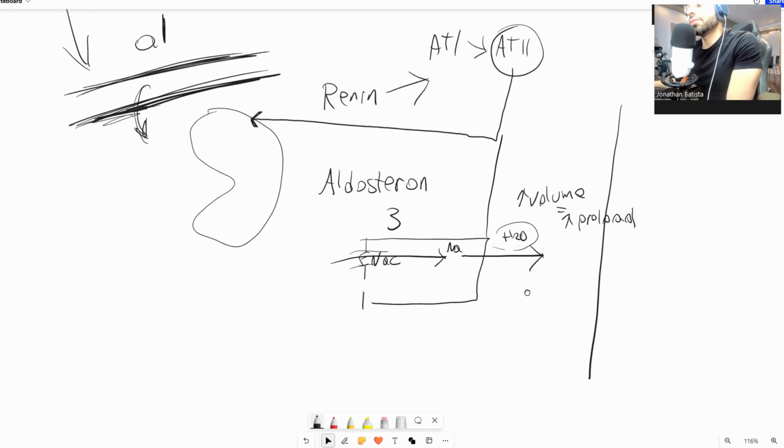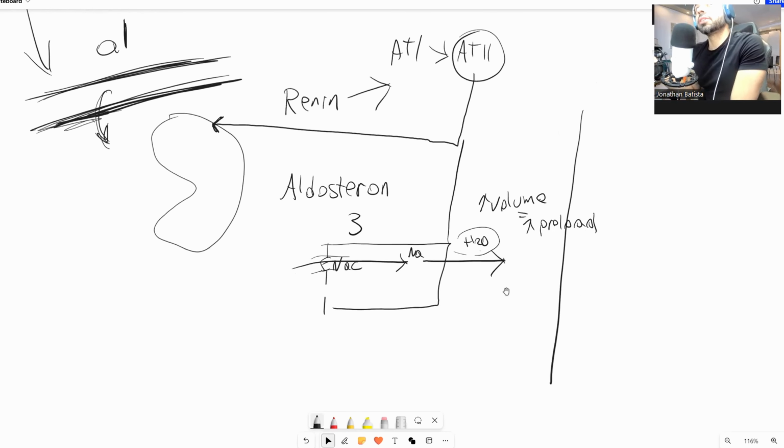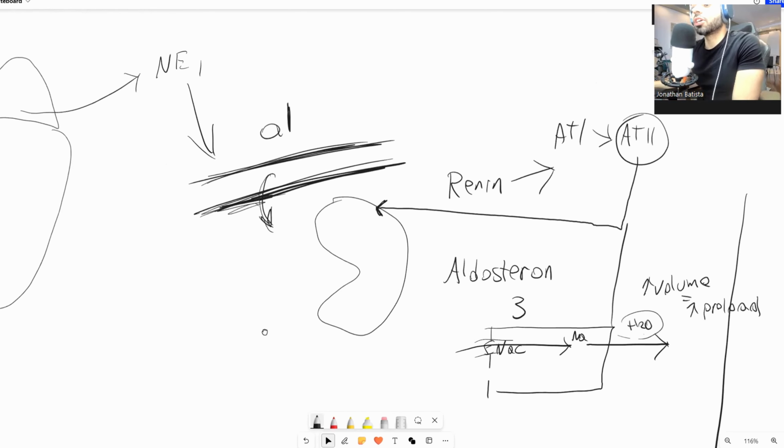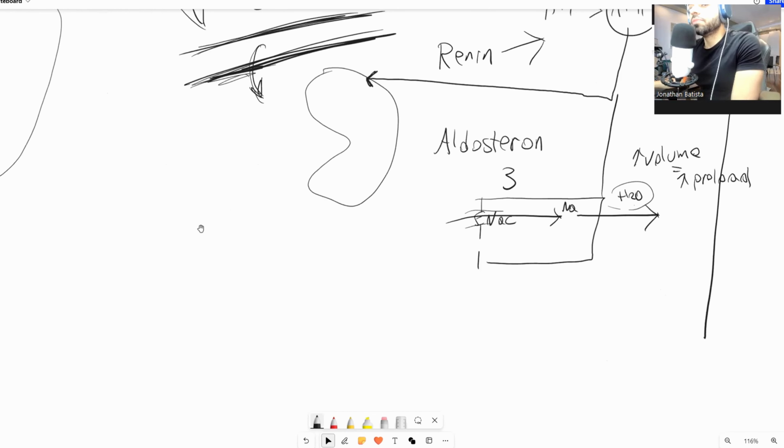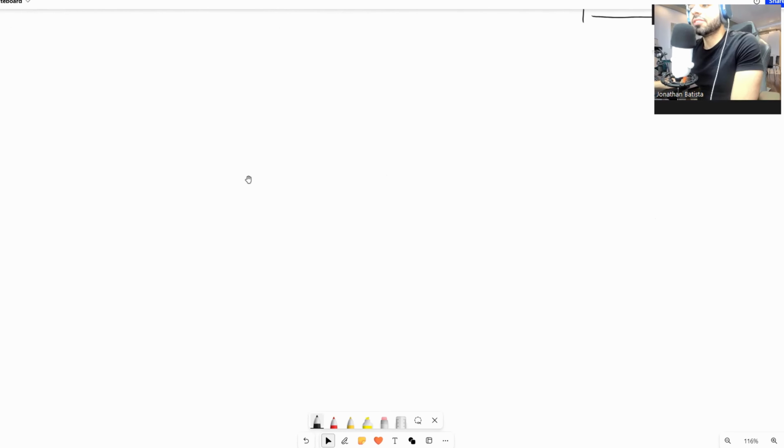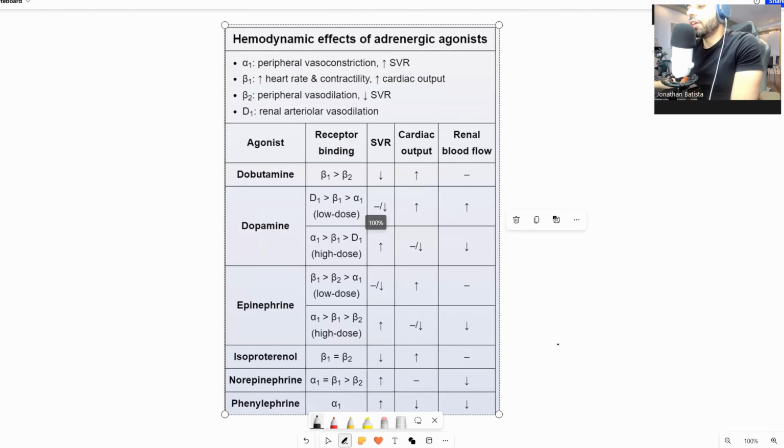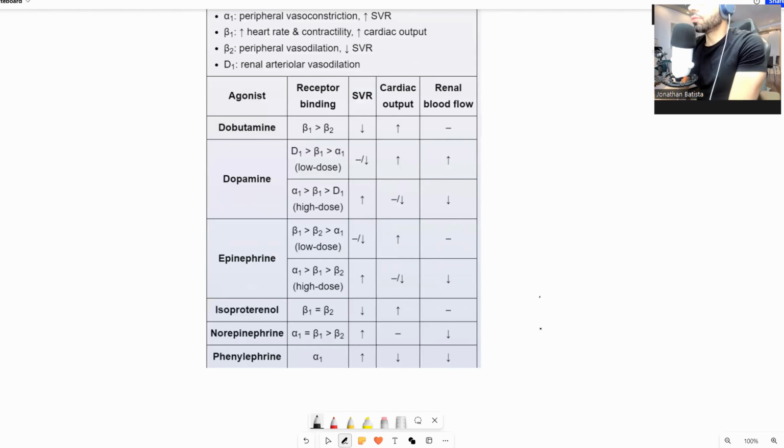That makes sense, right? Any question, let me know. So this was a couple of things. Look, norepinephrine decreases the perfusion at the level of the kidneys. So take a look at that. Norepinephrine, renal blood flow decreases. Decrease of renal blood flow activates RAS, which is the renin-angiotensin system.